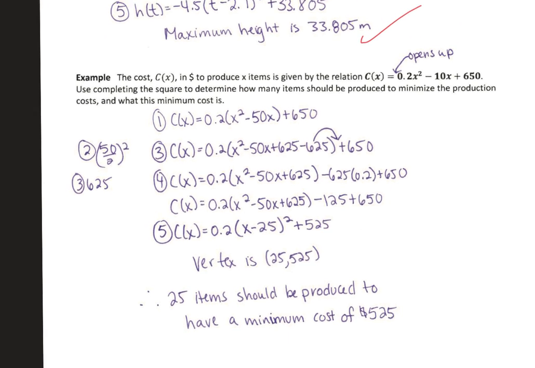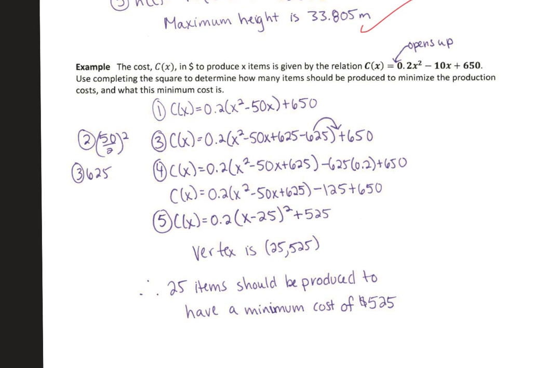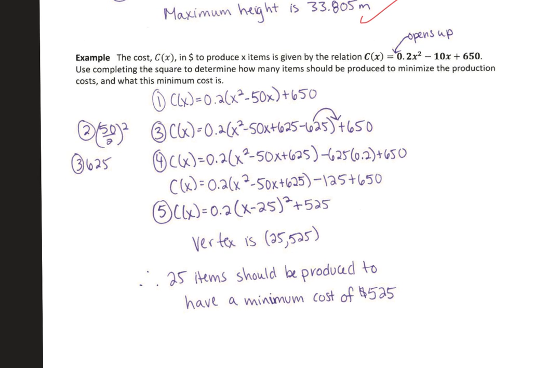So the cost in dollars to produce x items is given by that relation. We can see that it opens up because our a value is positive. So we're going to use completing the square to determine how many items should be produced to minimize the production cost and what is that cost.